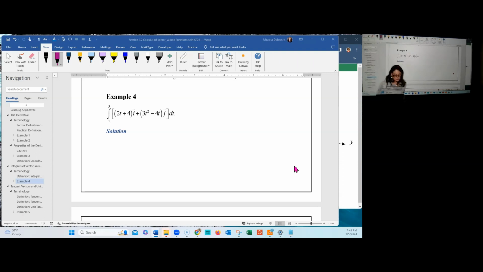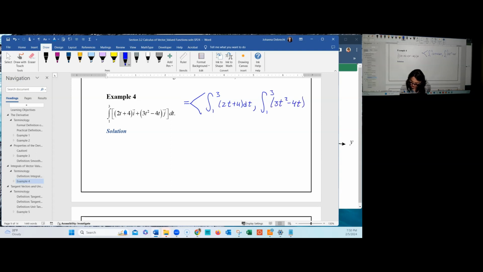In order to compute this, what we're actually going to compute is the vector valued function, which is the integral from 1 to 3 of 2t plus 4 dt for the i hat component, and the integral from 1 to 3 of 3t squared minus 4t dt in the j hat component. Go ahead and pause the video, work it out, and tell me what you get.